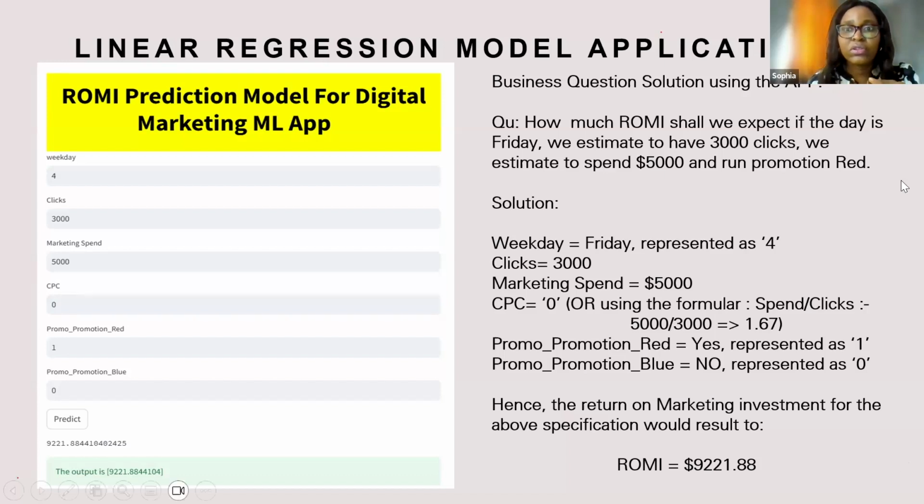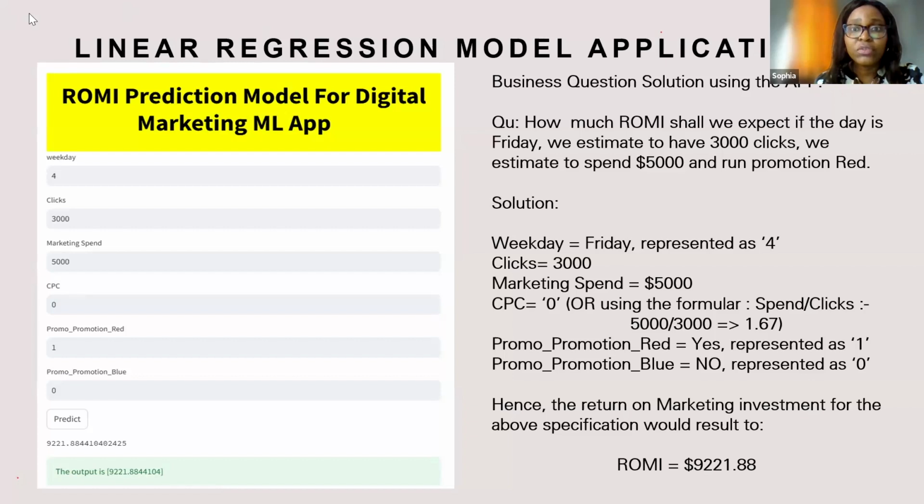So after doing this, the weekday is a Friday, which is represented as 4, because 0 is Monday, 1 is Tuesday, Wednesday, Thursday, Friday. So it's from 0 to 4, which is a Friday.